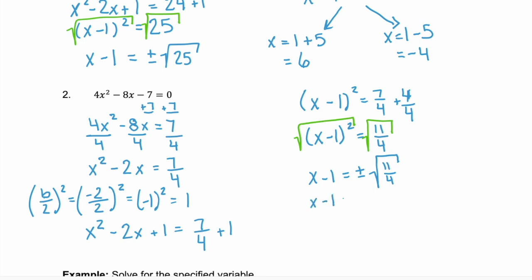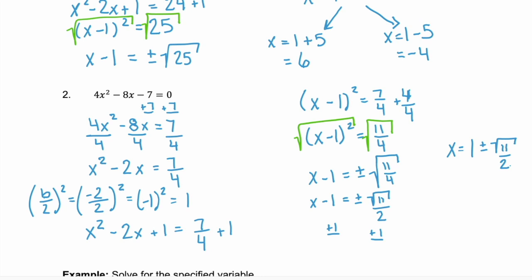We have x minus 1 equals plus or minus the square root of 11 over 2, because we took the square root of 4. Now we need to add 1 to both sides, and that brings us to x equals 1 plus or minus the square root of 11 over 2.